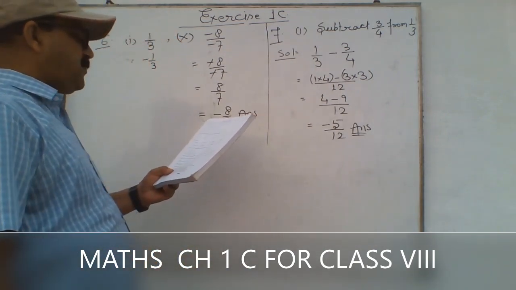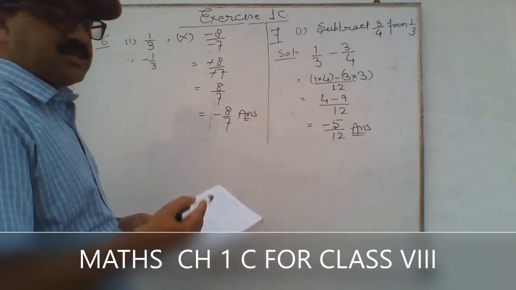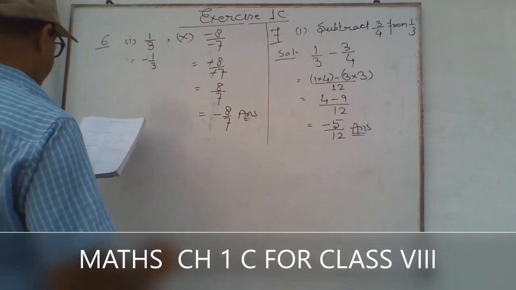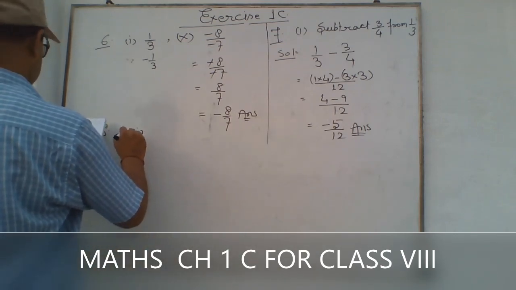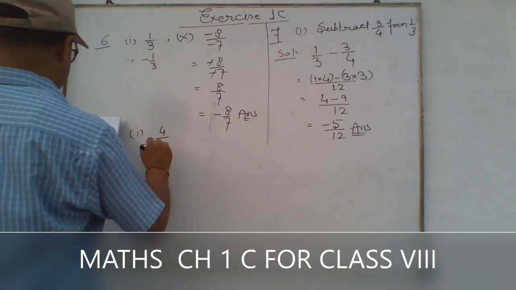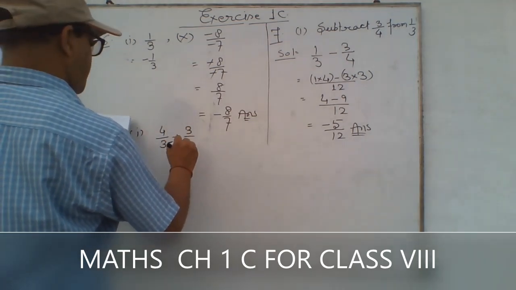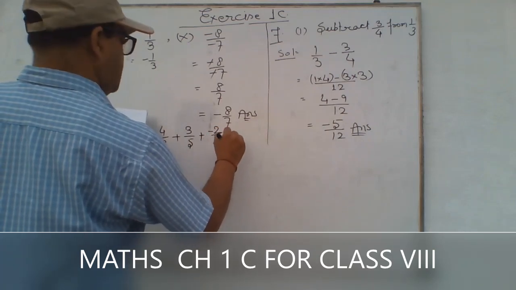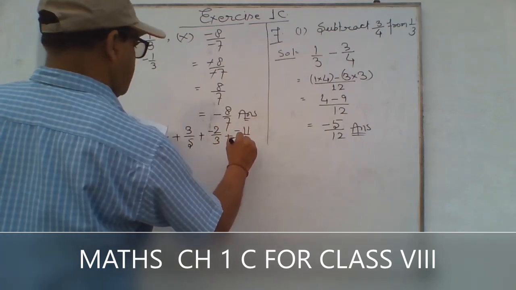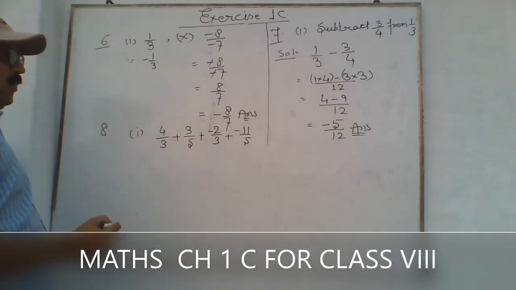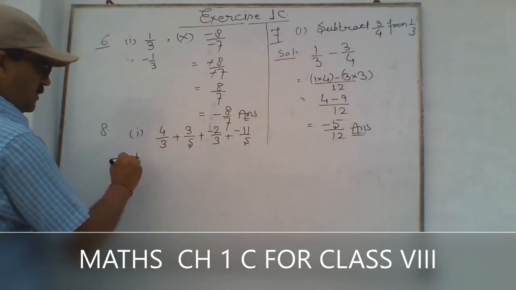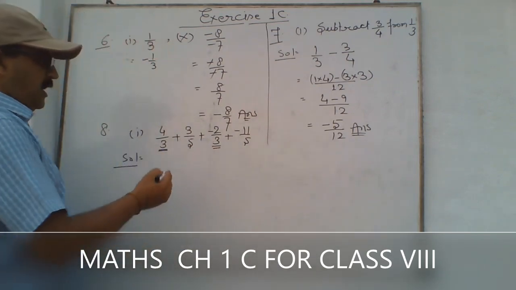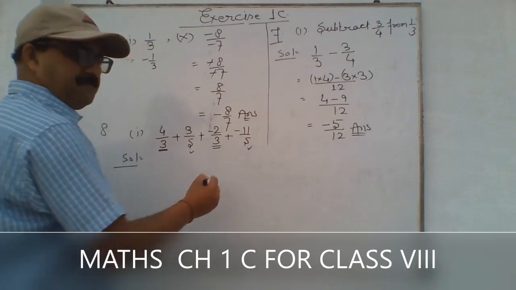Using the rearranging properties, find the sum. In question number 8, 4 by 3 plus 3 by 5 plus minus 2 by 3 plus minus 11 by 5. What we have seen in this question, 3 is here and this one 3. Again 5 and 5.